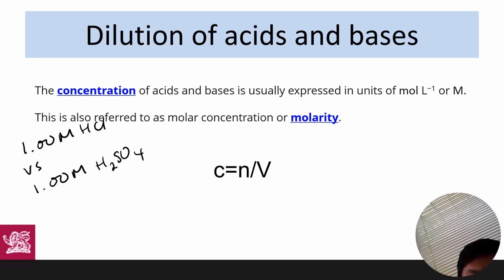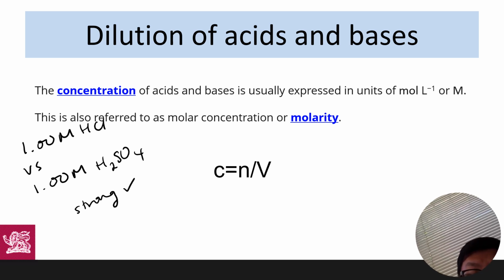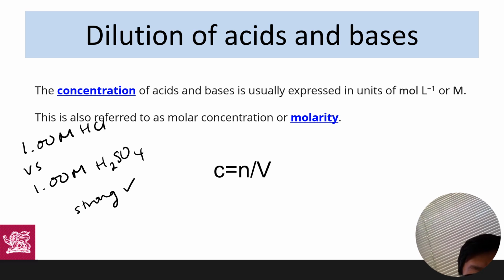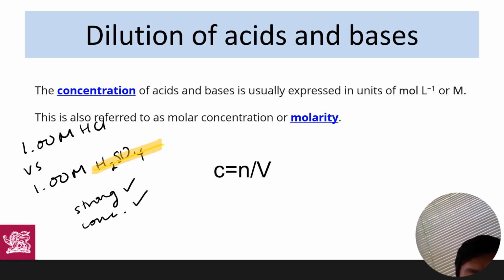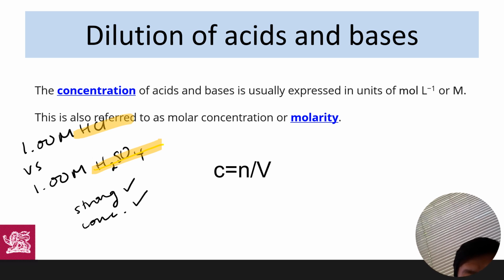So they're both strong, which means they both fully dissociate their protons. They're both the same concentration in terms of molecules of sulfuric acid. I keep doing that. Sulfuric acid and hydrochloric acid.